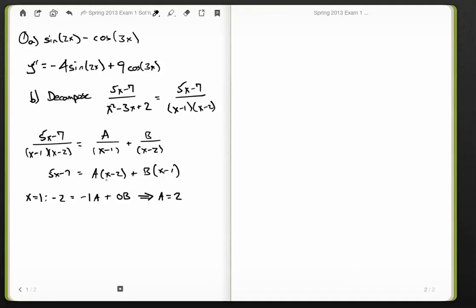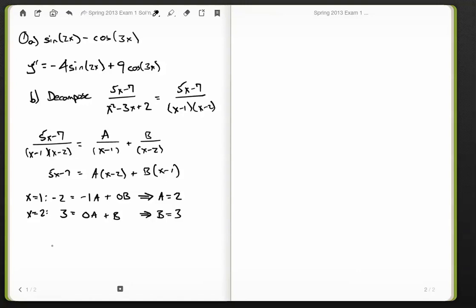And then my other convenient value will be x equals 2, because that will make this go away. So 5 times 2 is 10, minus 7, that's 3, equals 2 minus 2 is 0, plus B. So that's pretty nice. Then I have B equals 3.